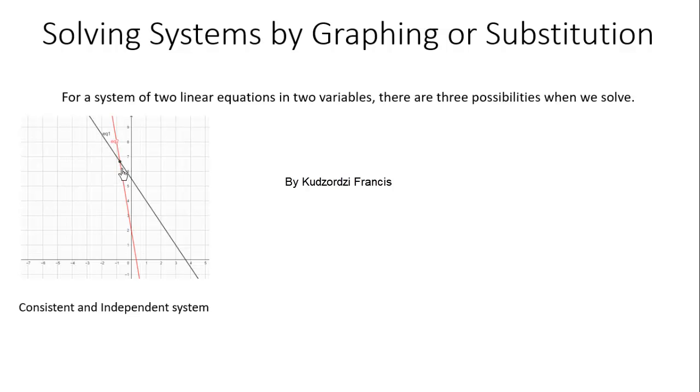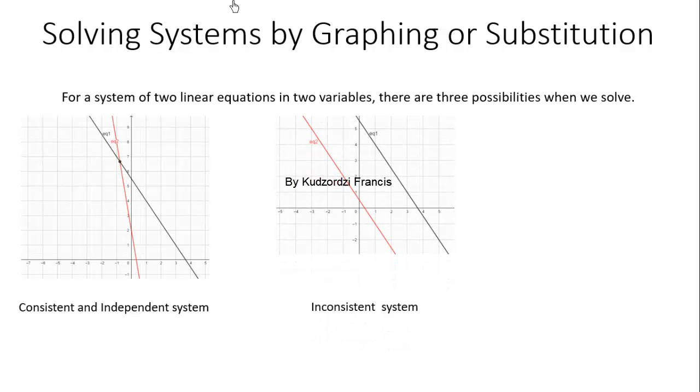It has a unique solution. Then we have another case where the system is inconsistent, meaning we don't have a solution. As we can see, the red line and the black line will never meet because they are parallel lines, and this system is inconsistent.